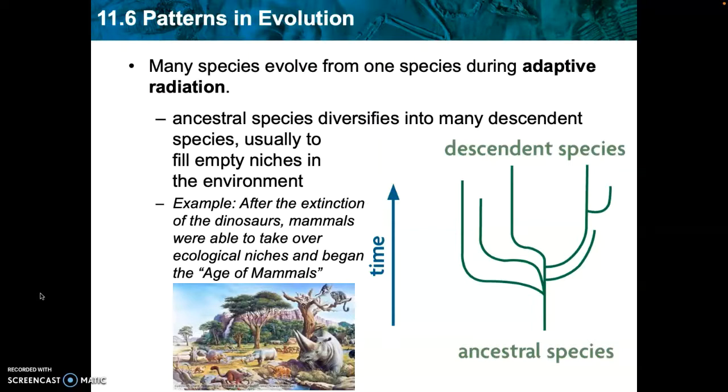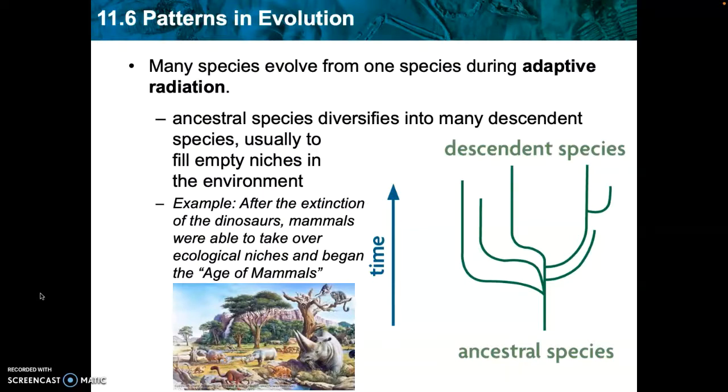This is normally in relation to some kind of change in the environment. If the environment changes, such as when you have a mass extinction, whatever species are left can go forth and colonize that new environment in many different ways, and that happens very rapidly following the extinction event.